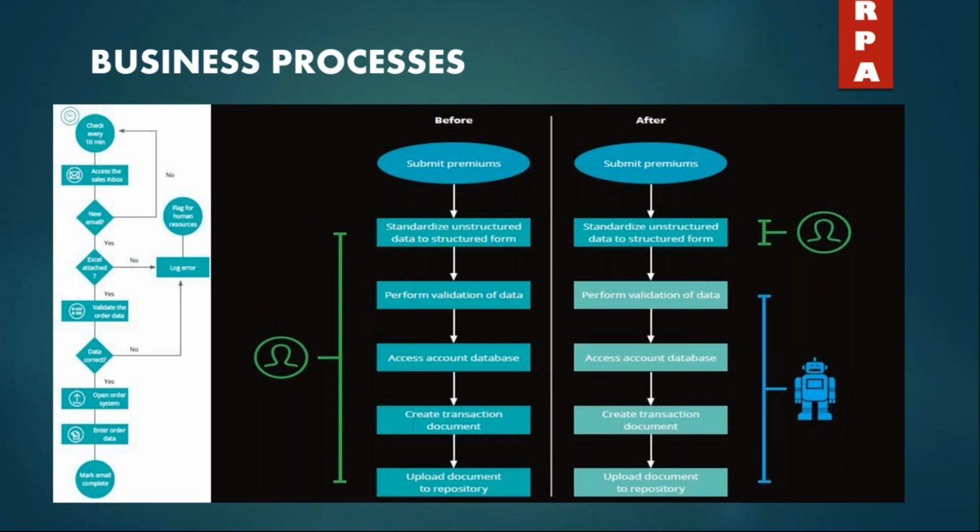The remaining four steps, perform validation of data, access the account database, create a transaction document, and upload the document to the repository, are executed automatically with the help of an automation tool, whether Blue Prism, Automation Anywhere or UiPath. The two steps are executed manually. This kind of automation we call partial automation.